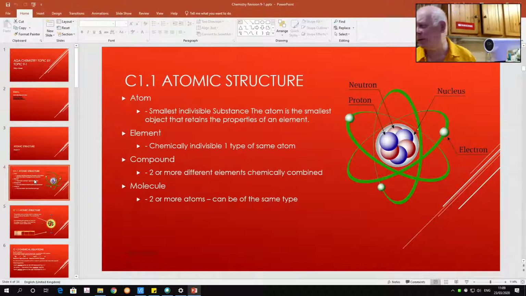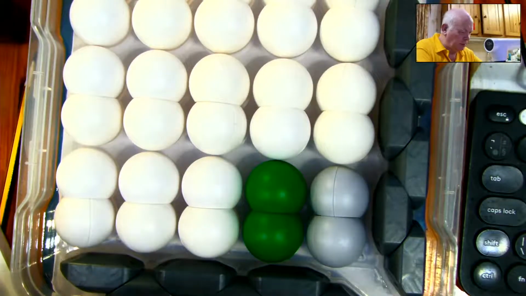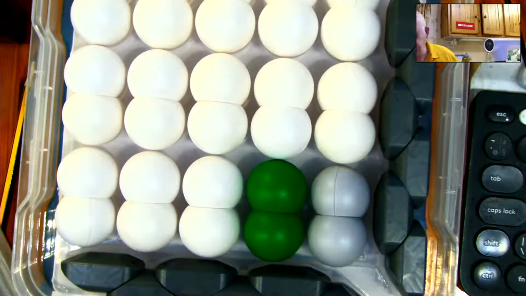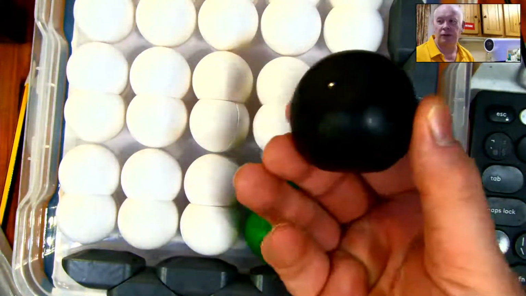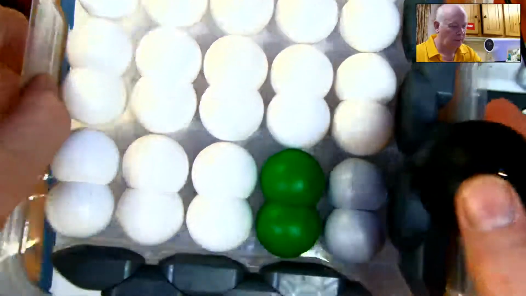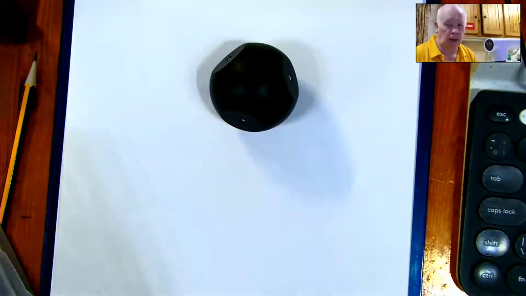Now, what do I mean by that? Well, to help, I've got some of these things, which are known as snatoms. And I'm just going to put some of those down and collect some of the other ones together. So let's take an element, and this is a carbon atom, and this carbon atom I can react with perhaps some hydrogen.